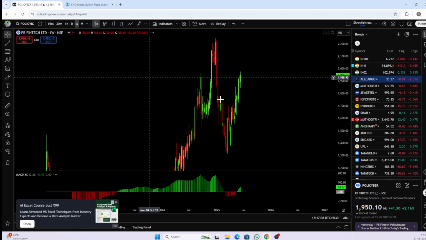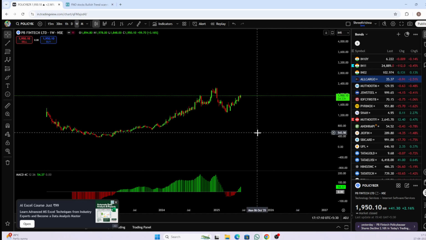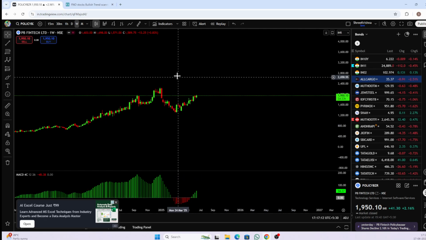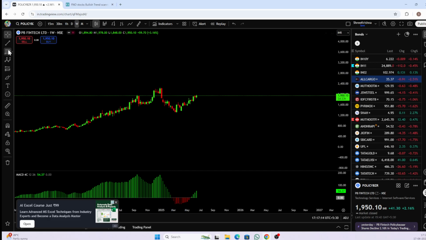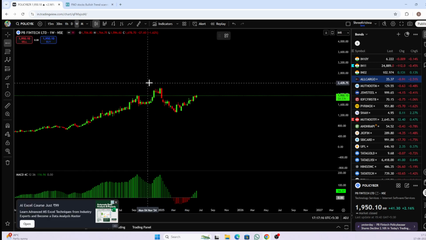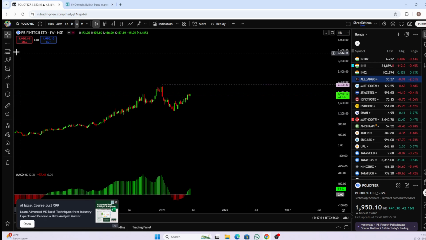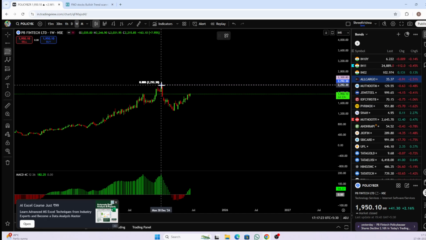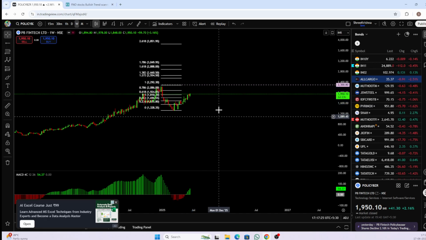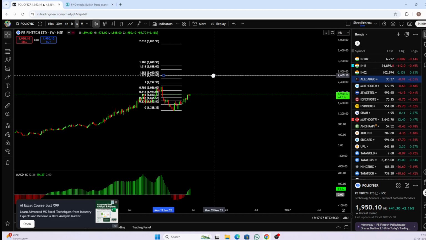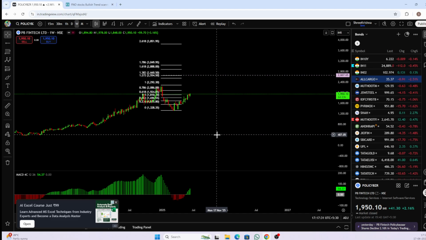We will go with the weekly. So now it is heading for new highs. This one, probably that one. Usually it is a wave 4 on the weekly. So we are heading towards almost 1.382. Let's consider 1.382.